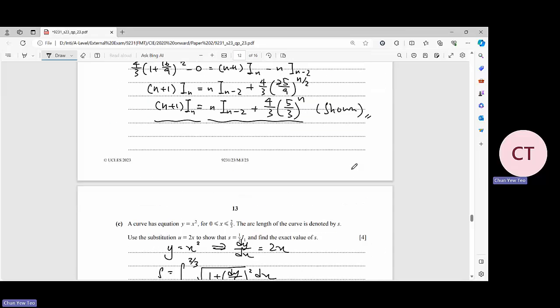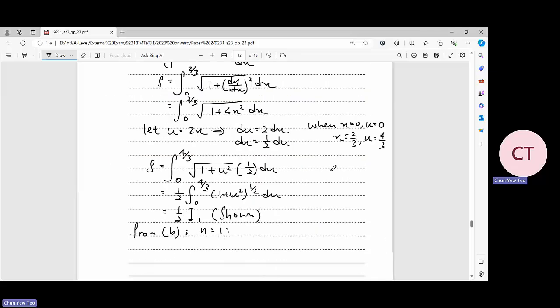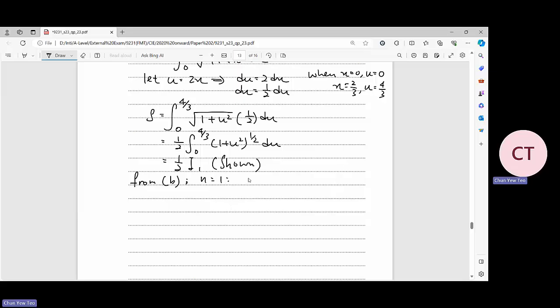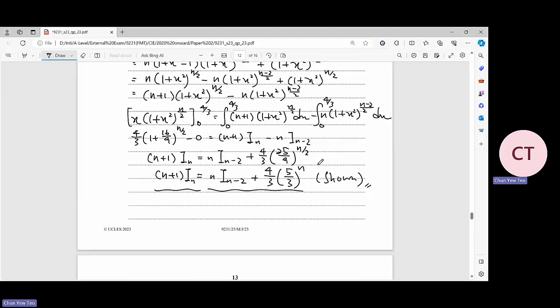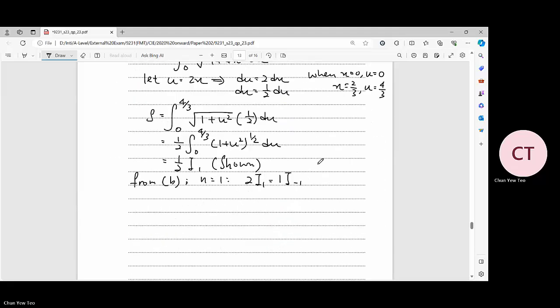So you will get 2I1 equals I negative 1 plus 4 over 3 multiplied by 5 over 3 power 1. Okay, so this is what you have.